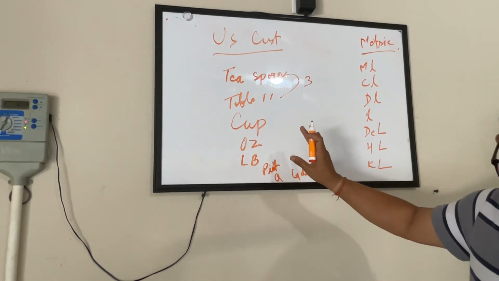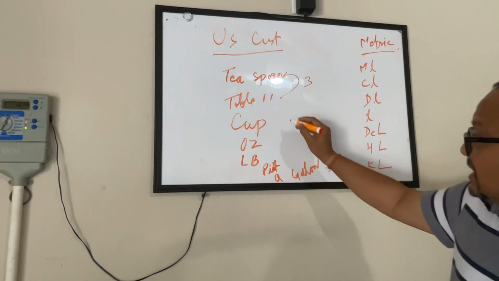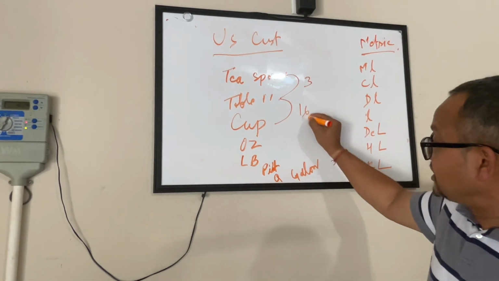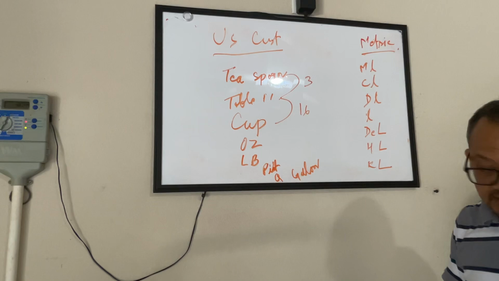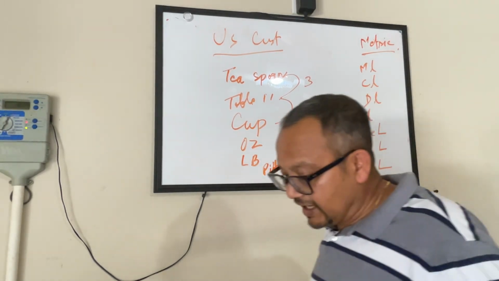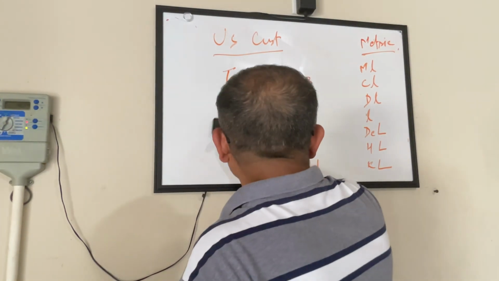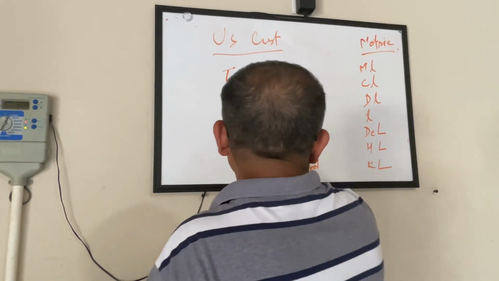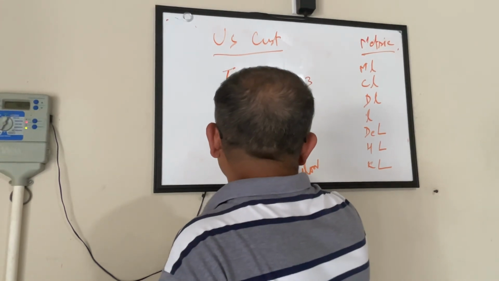I think tablespoon per cup would be 16. So here to here is 16. And how about ounce? There is one more change here. Ounce is an 8. Tablespoon, then you have ounce, then you have pound.